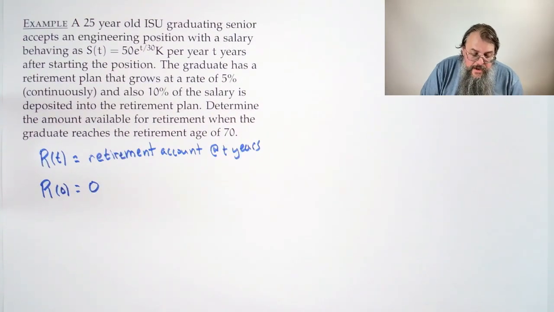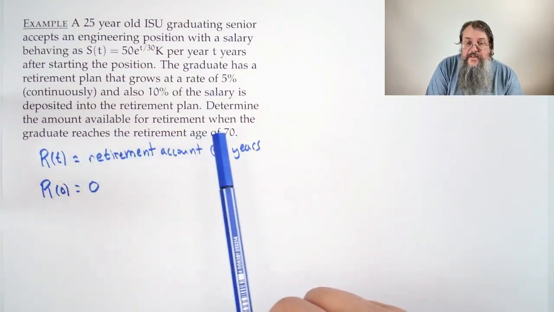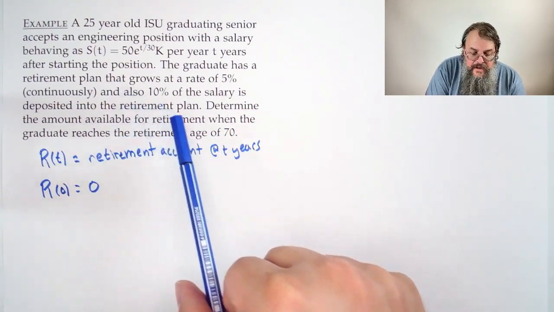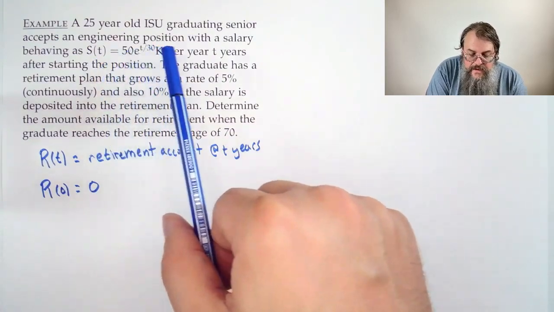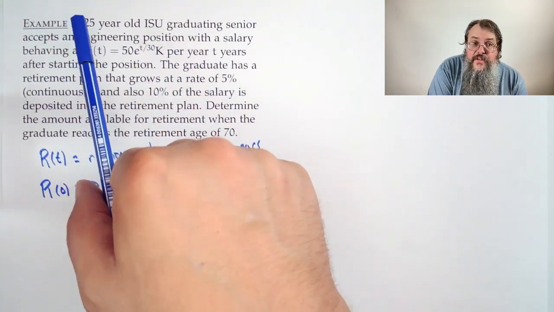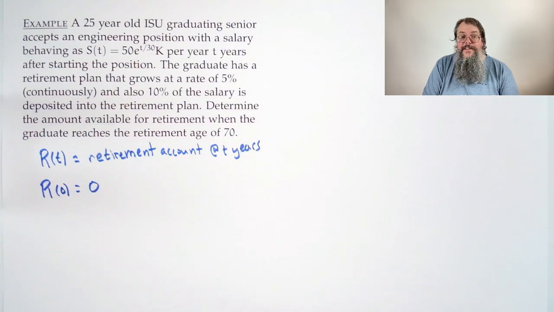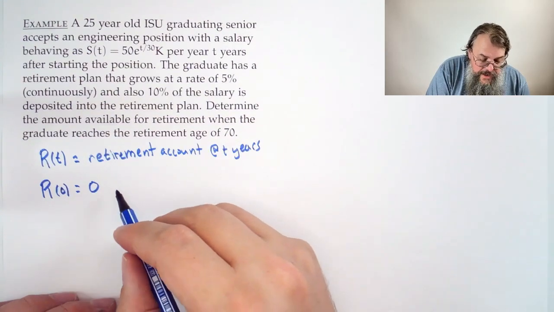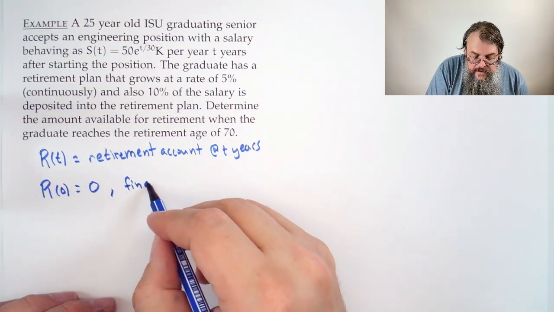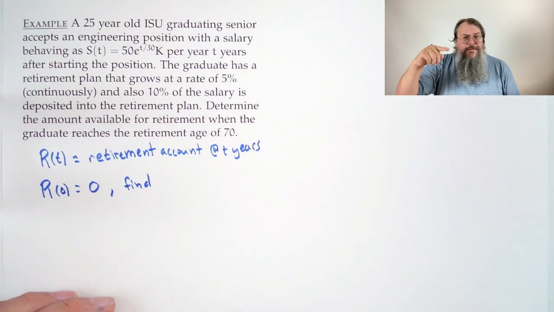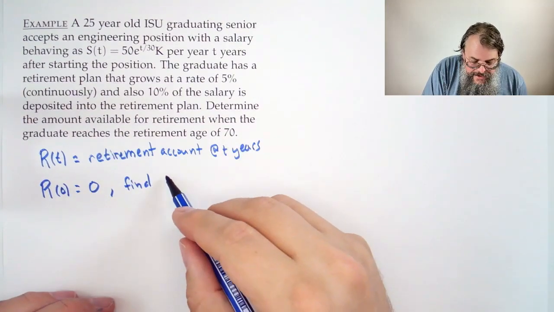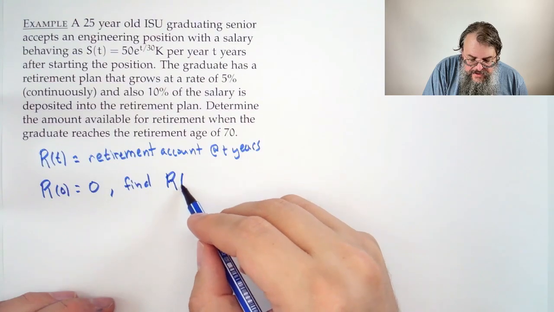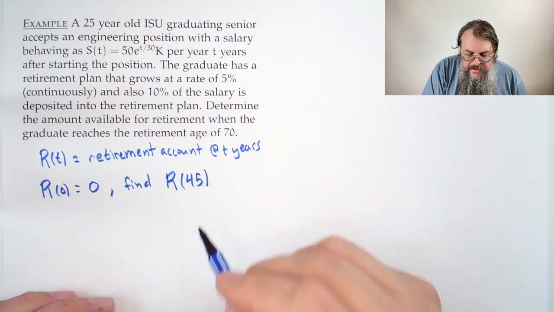What do we want? Well, we want to know how much money there is at age 70. Now notice that the t is how many years after starting. You start at 25. So we want to find, well, okay, 70 subtract 25. We want to find what is in the account in 45 years.